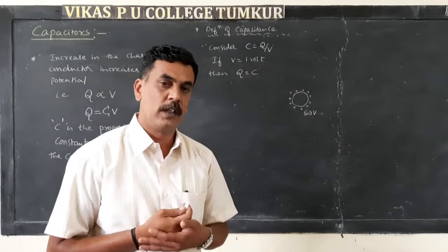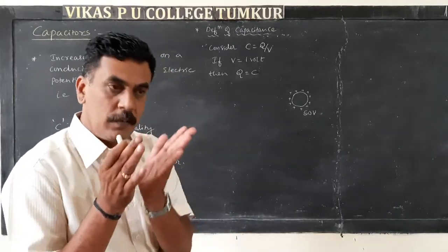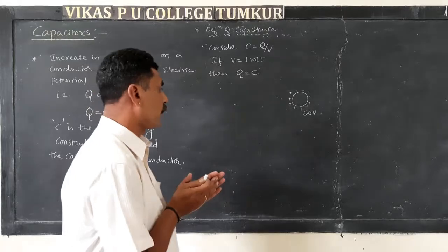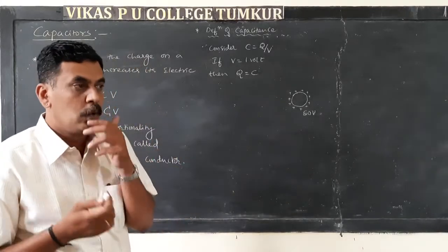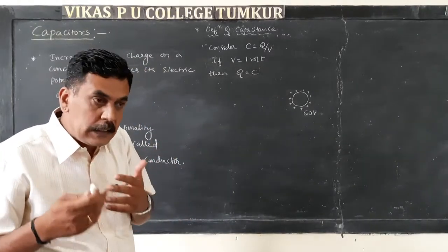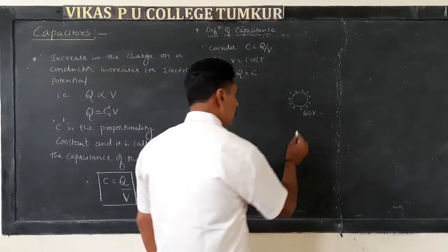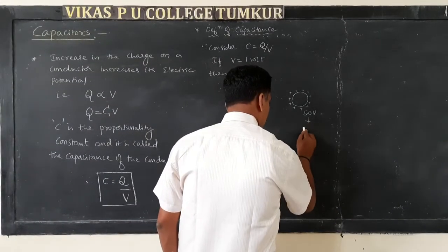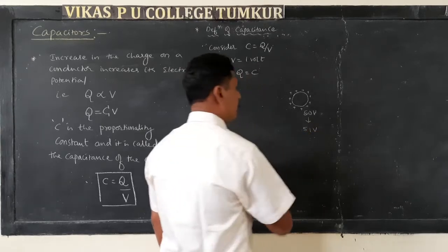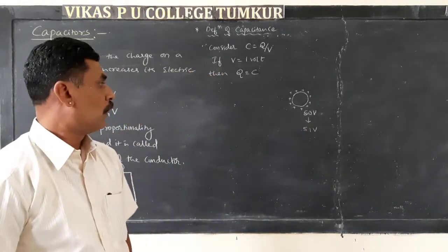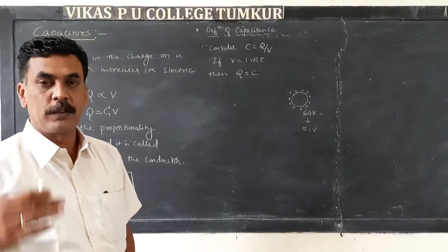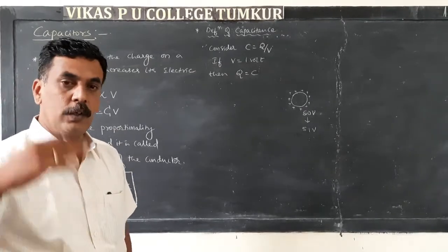Once charged, naturally there must be an electric potential, so 50 volt potential. Now I want to increase the electric potential from 50 volt to 51 volt. I need to raise the potential of the conductor from 50 volt to 51 volt.